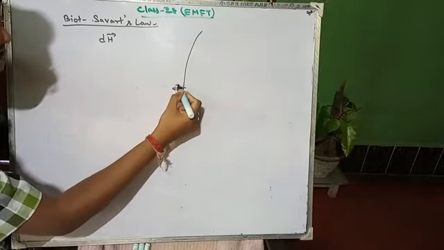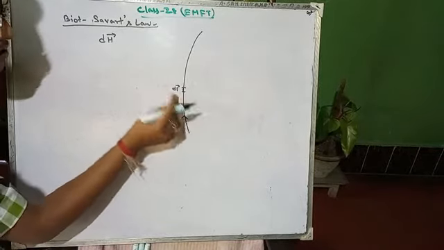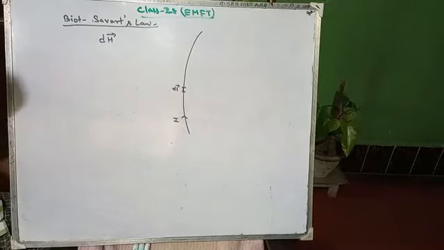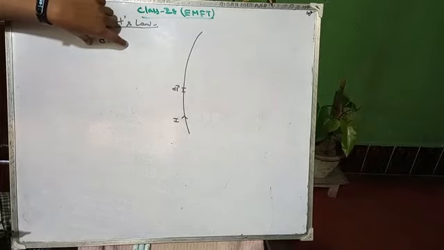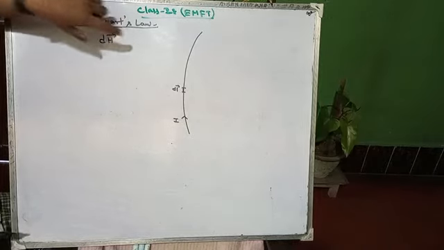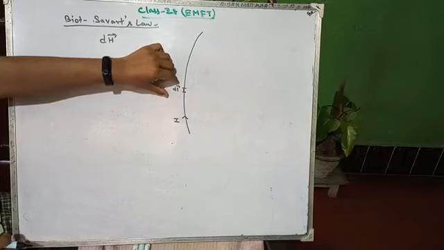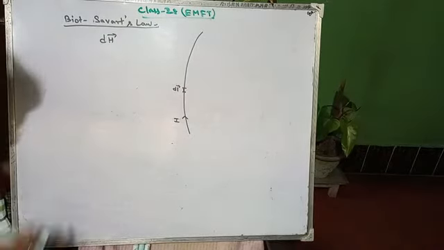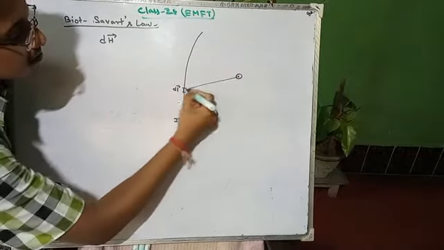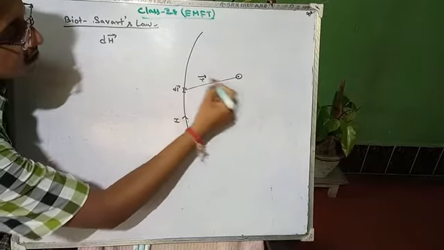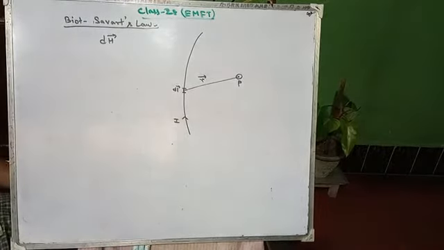This I into dl is called the current element. The Biot-Savart law gives the magnetic field intensity produced by this current element at a point P, which is r distance from that current element.